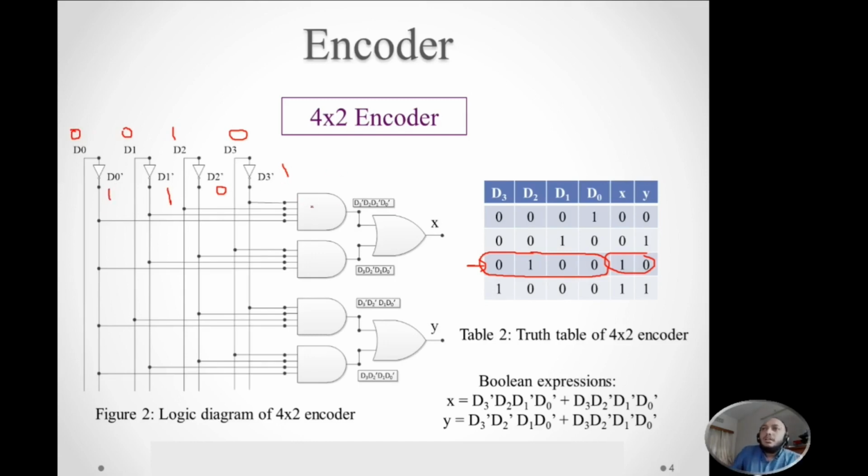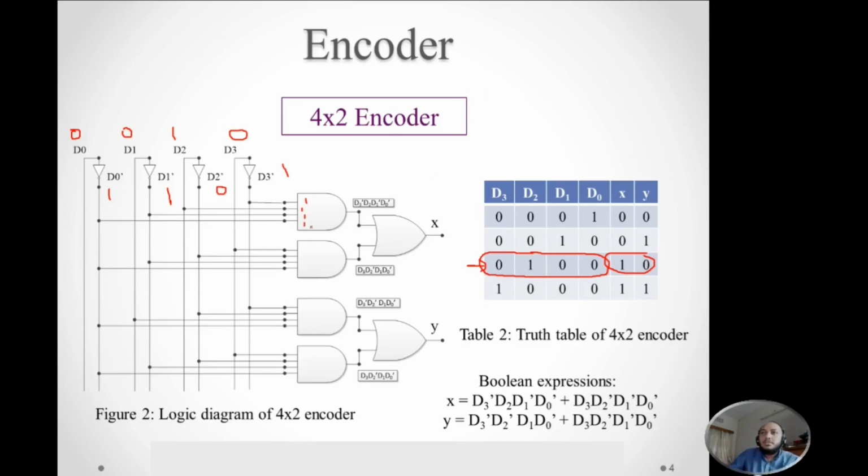Again, for this AND gate we are getting d3 prime which is 1, d2 here which is also 1, then d1 prime which is 1, and d0 prime which is also 1.